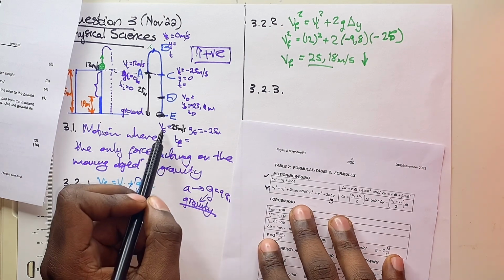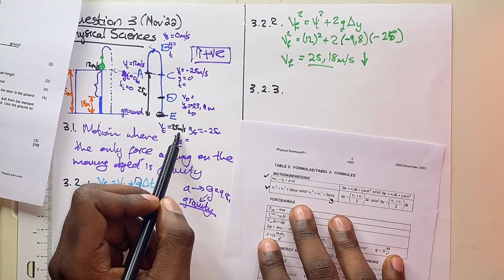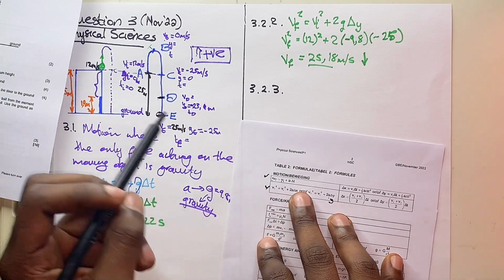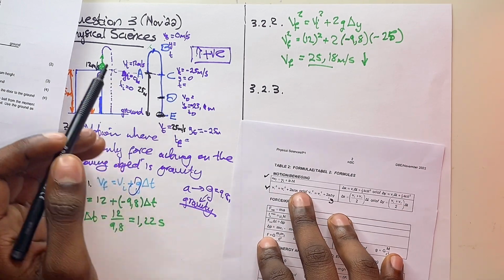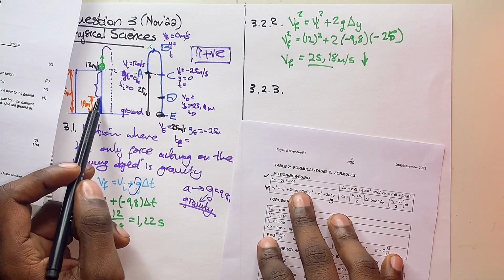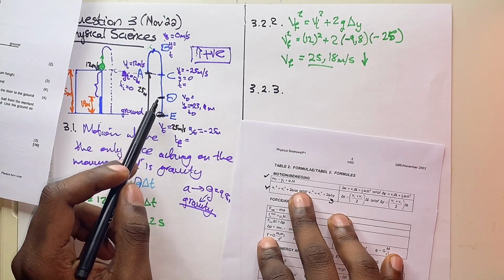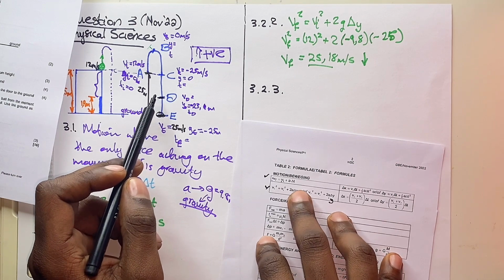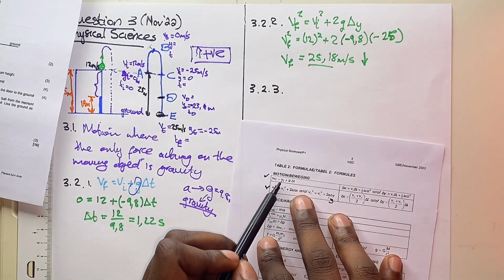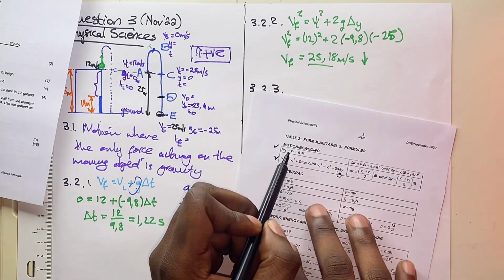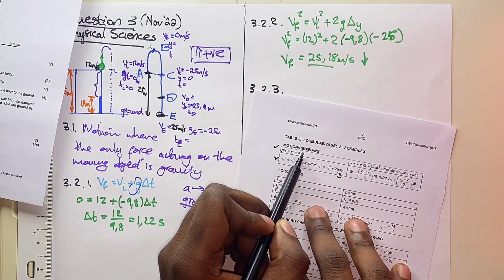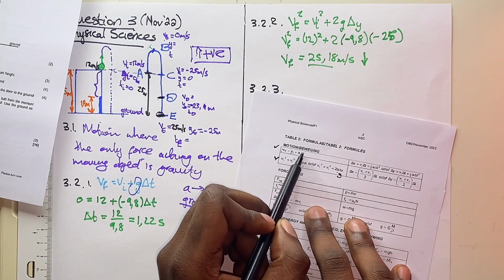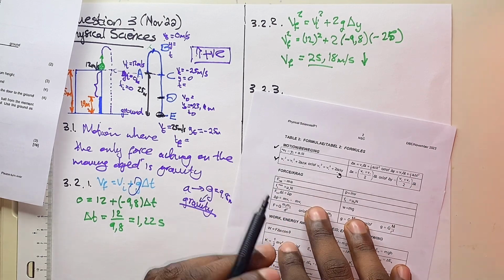We know that at E, it is 25 meters per second. Do we know the initial velocity? Now, the initial velocity is now at D because we want to find out how long it took from D to E. We do not know how fast it was going when it reached the top of the door. So we don't know Vi, and we don't know delta t. That's already two unknowns in one equation, so that equation will not work.